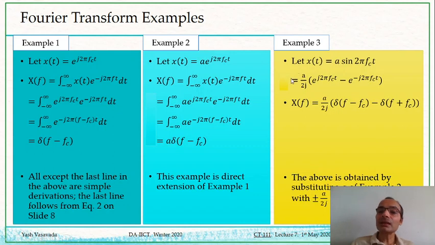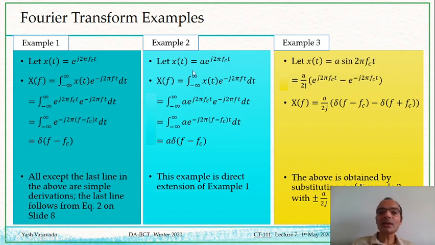Now, you may have seen from your high school math that this sine function can be written as a summation of two complex exponential functions, one at f of c, another at minus f of c. And this a further gets scaled by 1 over 2j. So this is the expression for x of t.